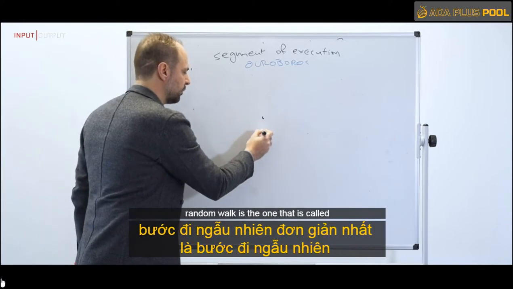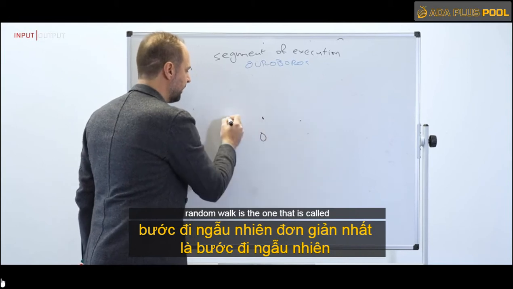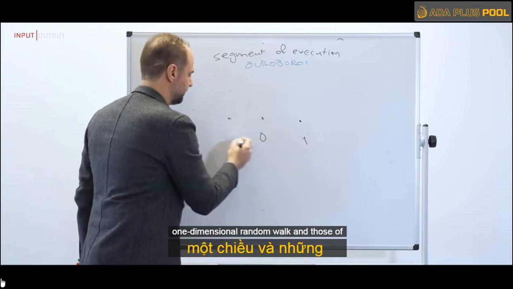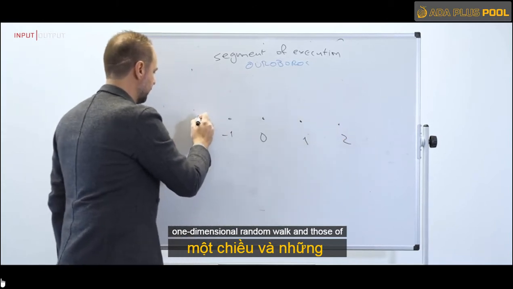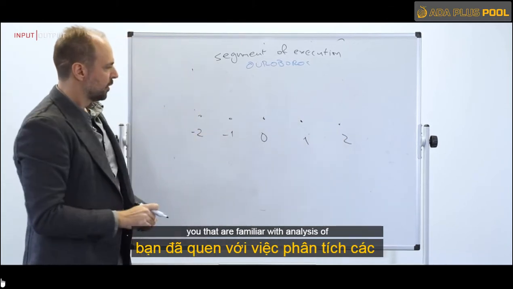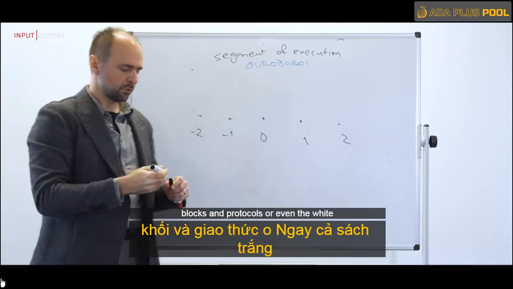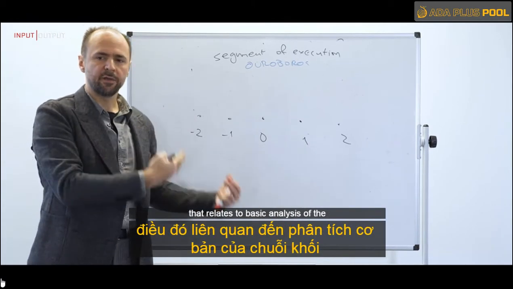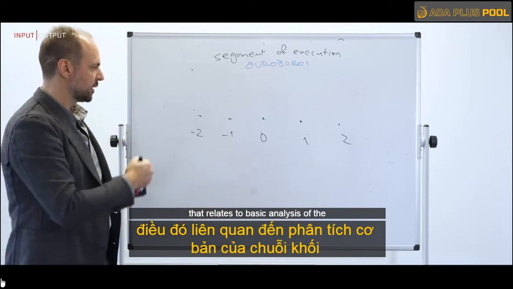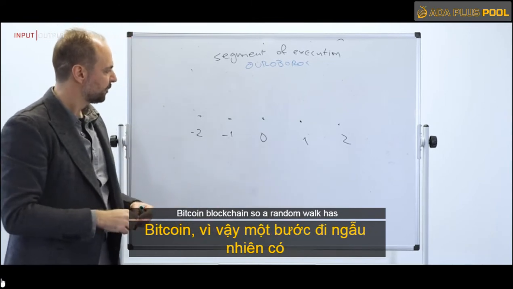The most simple random walk is the one called the one-dimensional random walk. And those of you that are familiar with the analysis of blockchain protocols, or even the white paper of Nakamoto, can appreciate how that relates to basic analysis of the Bitcoin blockchain.